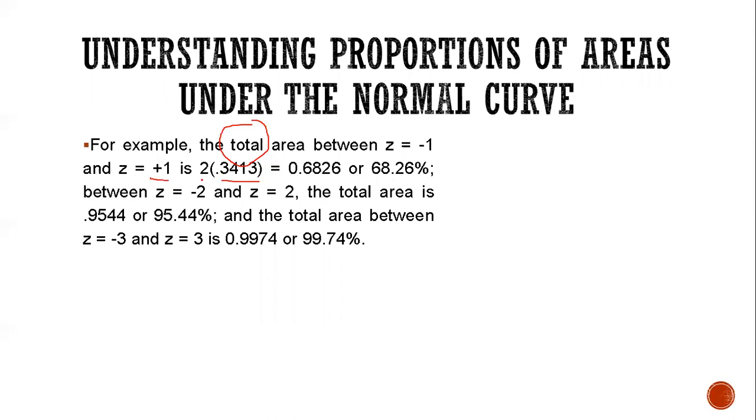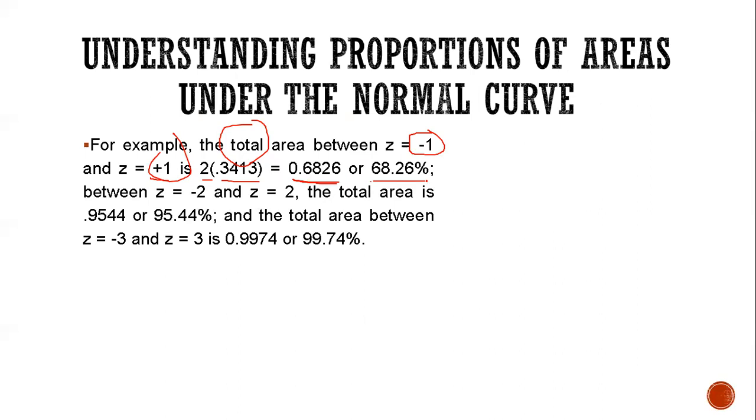So i-multiply natin yan ng 2 kasi the same lang naman sila. 2 times 0.3413 is equal to 0.6826. Ito yung tinatawag na probability. Ibig sabihin, yung region or area na cover ni -1 hanggang +1 ay nasa 0.6826. Pag i-convert natin yan into percentage, mag-move lang tayo ng 2 decimal places or times 100, kakaroon tayo ng 68.26%.